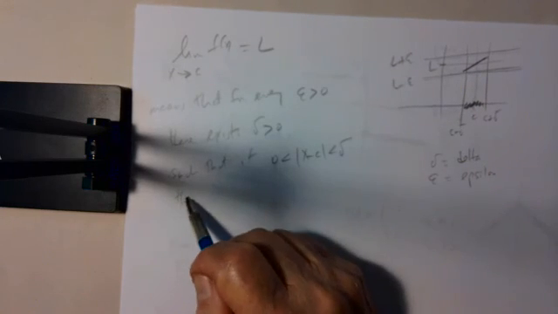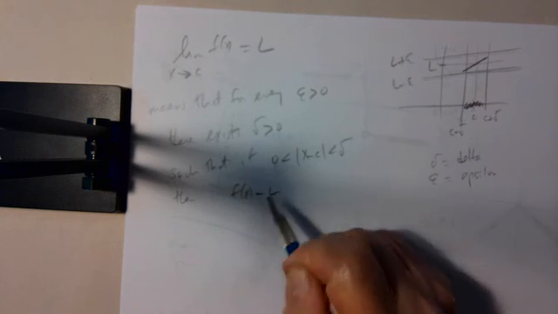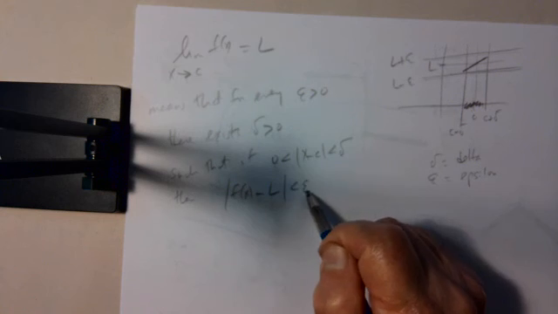We never let x equal C. But if x is in this interval within delta of C, then f of x is within epsilon of L. So the absolute value of f of x minus L is less than epsilon.